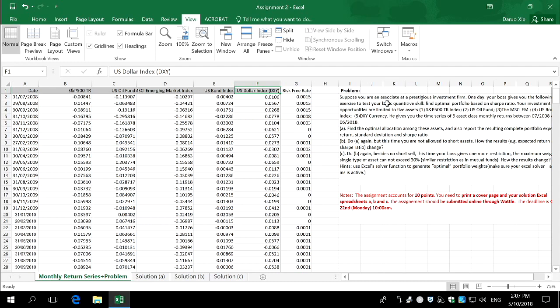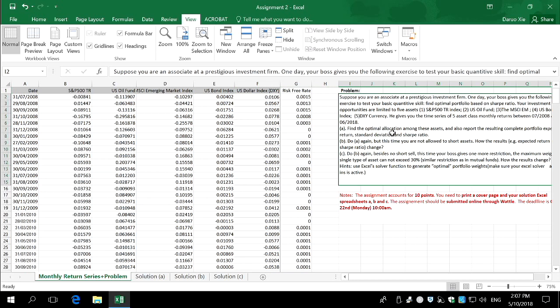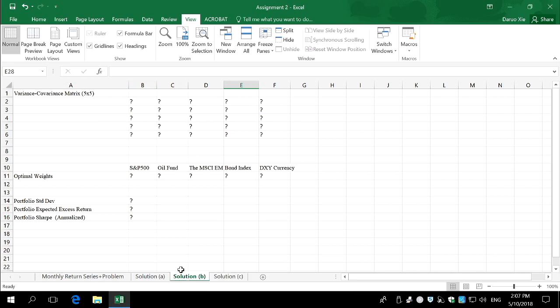I don't want to read word by word, but basically you want to find the optimal allocation. And how to find the optimal allocation? You find the highest possible Sharpe ratio. That's the only way. You need to fill in all these empty cells with numbers, but your final answer should always be this one. It is very similar for solution B and solution C. I will just look at your Sharpe ratio as the final answer.